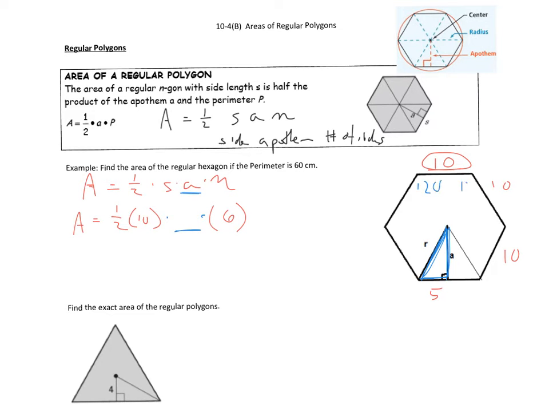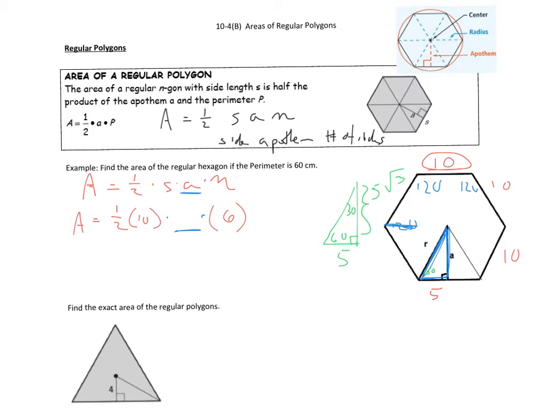Each angle in a hexagon is 120 degrees, so when you split that in half, what you'll have left is a 60-degree angle here. So what we're really left with is a 30, 60, 90 triangle, where we're given the base. Now, if you remember your shortcuts, this is easy. If you remember your shortcuts, then the apothem is just going to be 5 times the square root of 3.